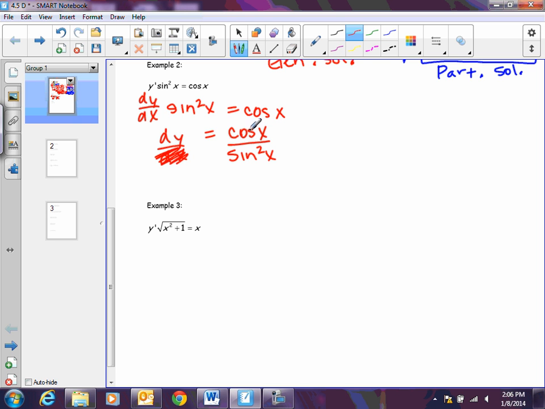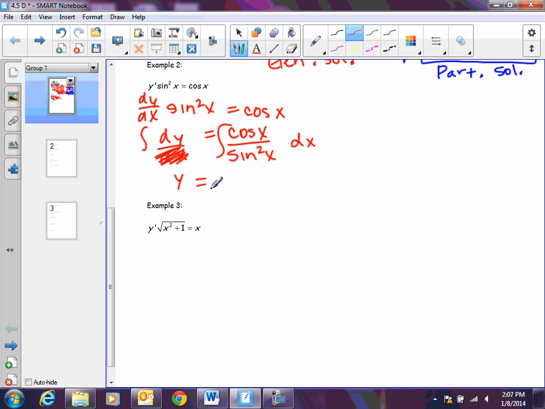Multiply by dx, and this is definitely an okay thing to do. I think that nobody's going to get confused by doing that. If you feel like you might, though, then just write it as an extra step. Okay, so definitely my variables are separated. I'm ready to integrate both sides. Now, the left side is going to be y equals, and the right side, we got to integrate.